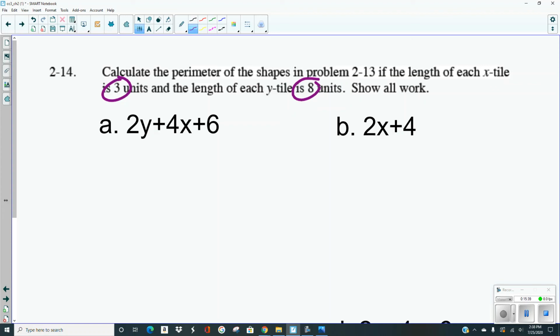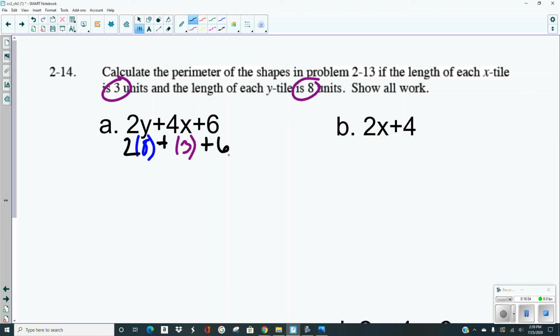So when we are evaluating, basically that means we're plugging in for the variable. So if the x tile is 3, wherever I see the x, I'm going to insert 3. The y tile is 8, so wherever I see the y, I insert 8. And then everything else remains the same.